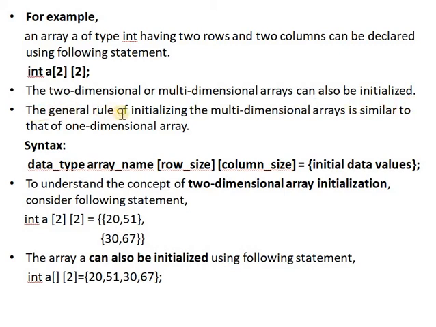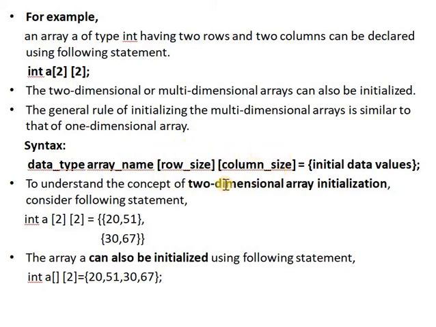The general rule of initializing a multi-dimensional array is similar to the one-dimensional array. For example, here is the syntax for assigning values to a multi-dimensional array. First we specify the data type, then the array name, then row size, then column size.